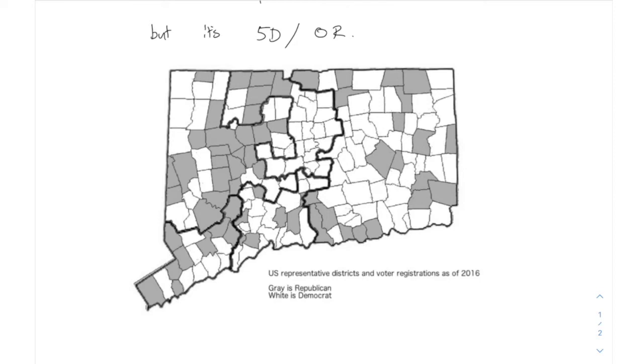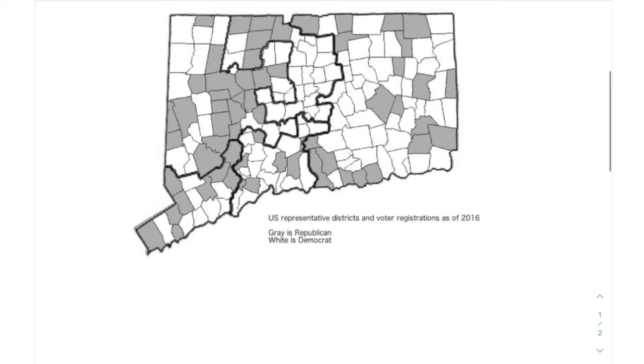What you see there are all the towns in the state, and the white colored ones are majority Democrat, and the gray colored ones are majority Republican. Some are kind of even splits, but this is just going by the stats. More than 50%, less than 50%.